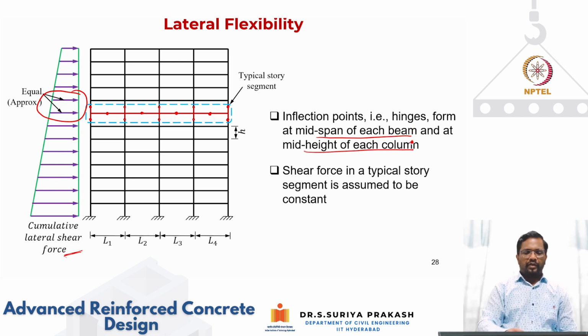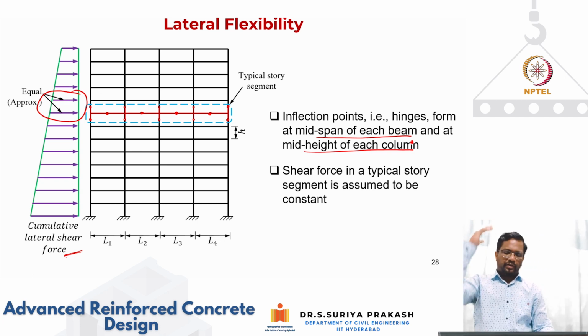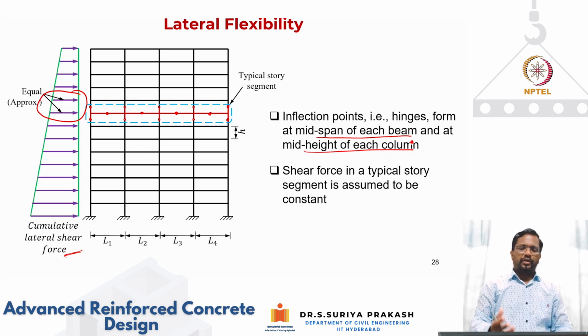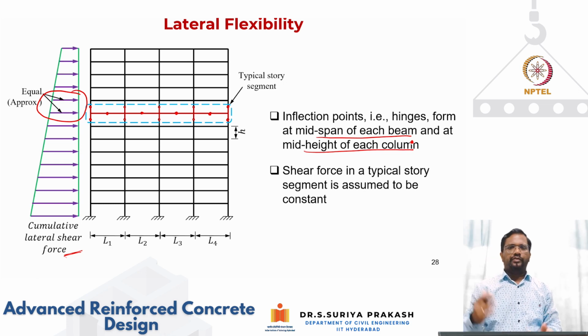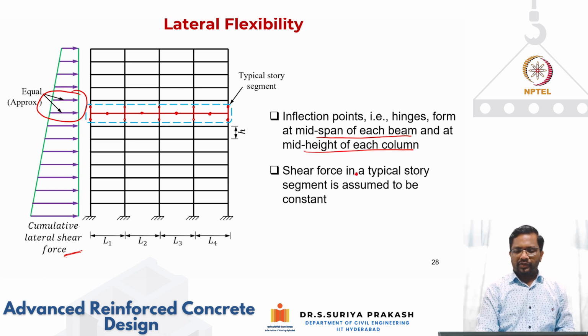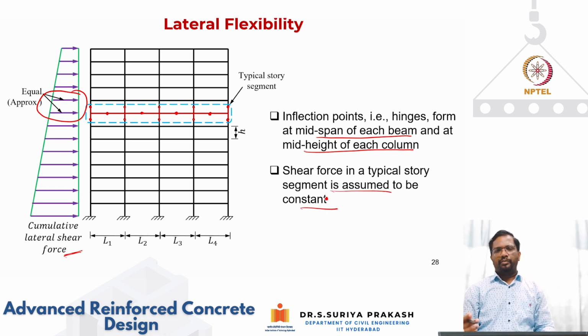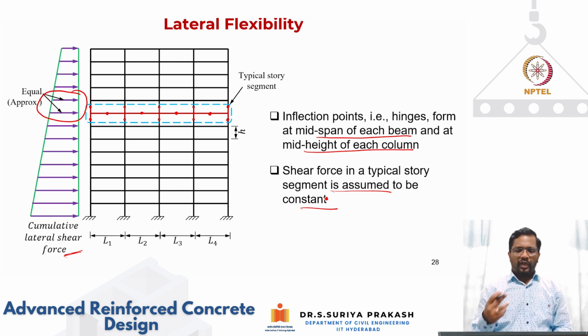When you have a very tall building, for an intermediate story, the shear force between successive stories is not going to vary much, so we assume that in a typical story the shear force is constant. This is an assumption that I'm making to derive an expression for lateral flexibility.